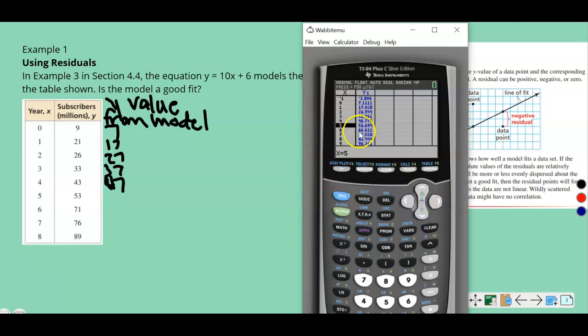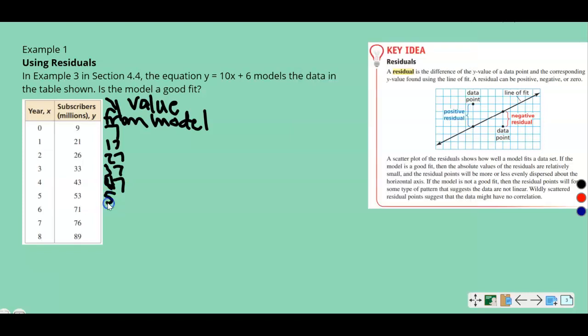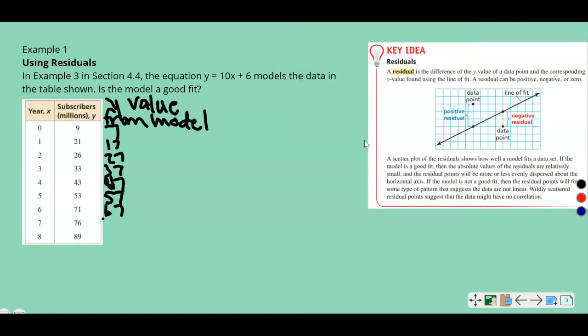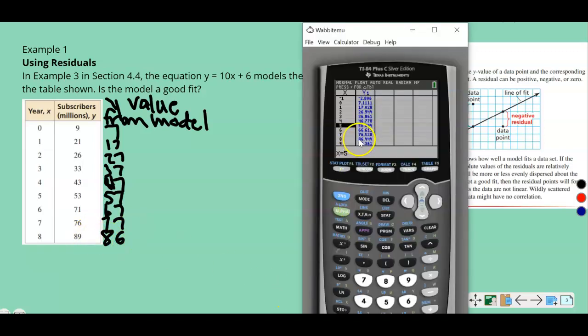Let's round it up to 57, 67, 77. Okay. All right, number 7 is 77, 77, and 86. Falls below that 0.5 there, so that's why I rounded down on this one. 86.4 would round down, where all of these are above 0.5, so I rounded up. All right, so that gives me those values from the model.